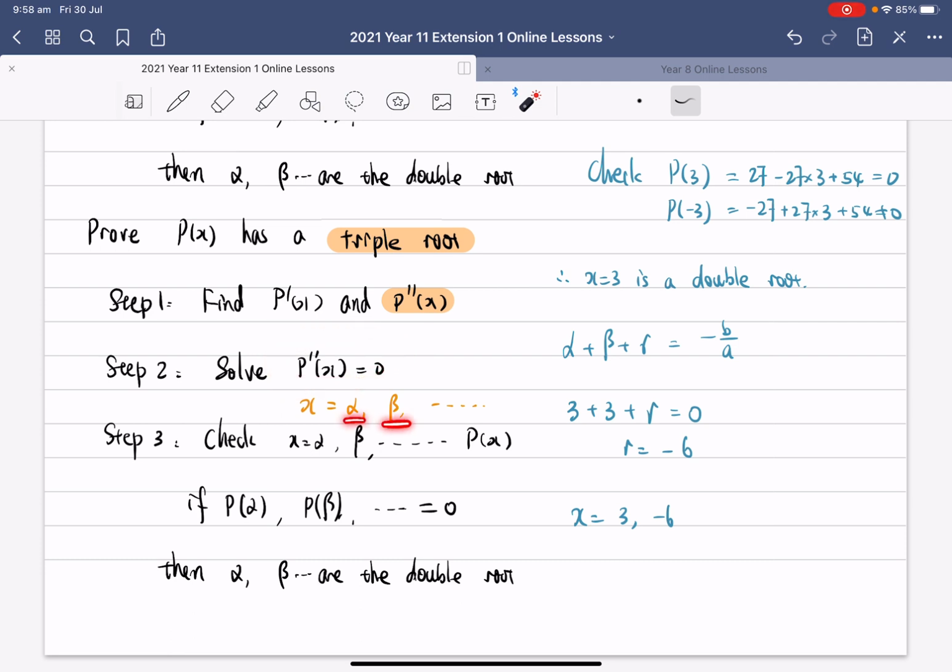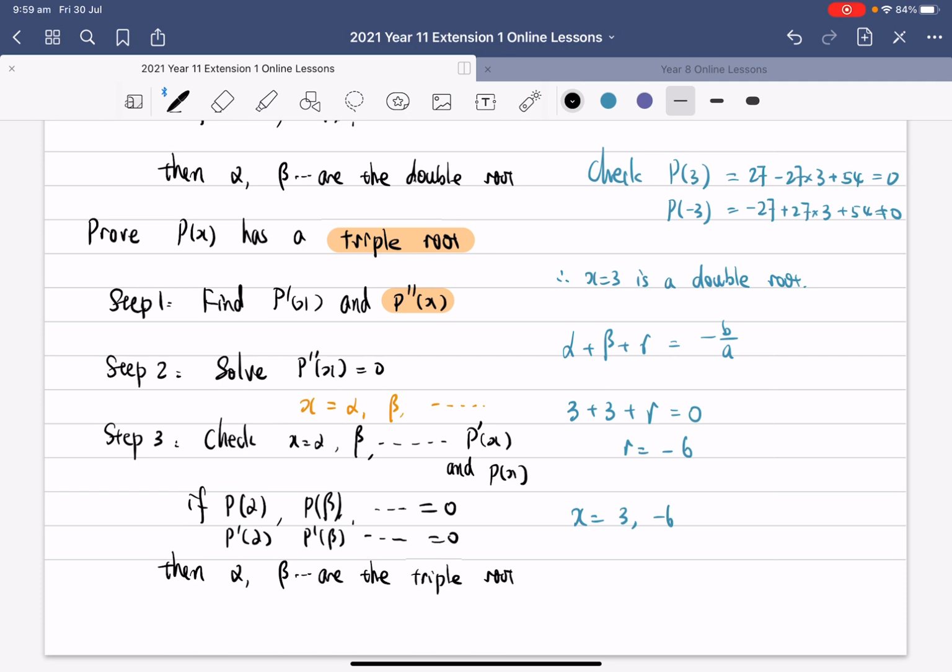You probably have multiple roots there, and then you check. You substitute the numbers you solved from p''(x) equal to 0 into not just p(x) but also p'(x). You need to prove that both p'(x) and p(x) are equal to 0 at those numbers. Then you can confirm the roots are triple roots.